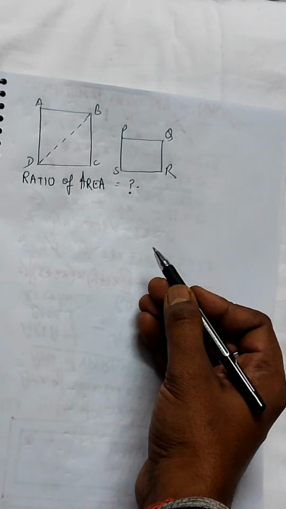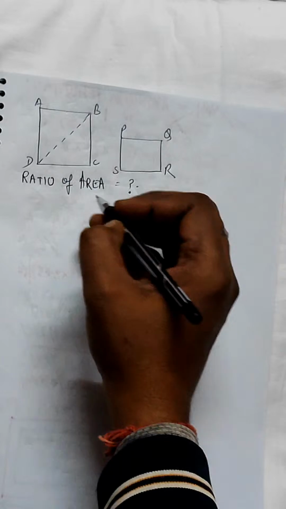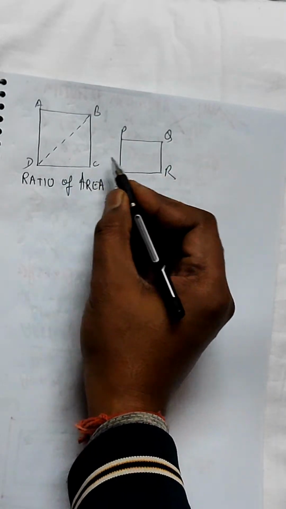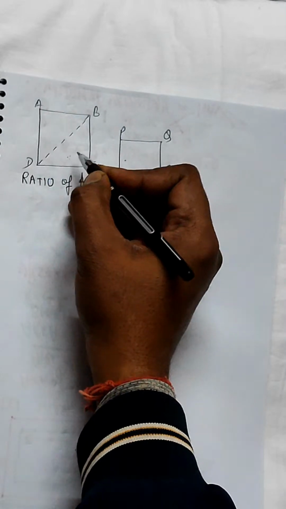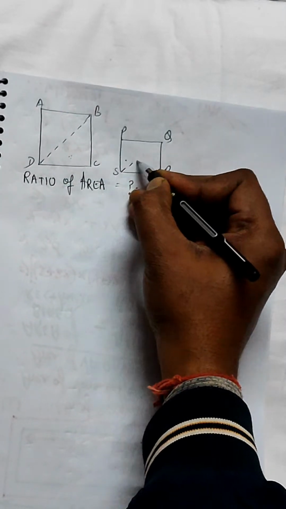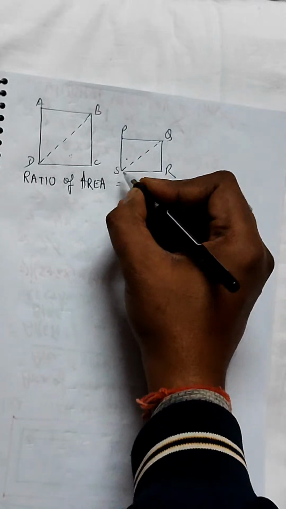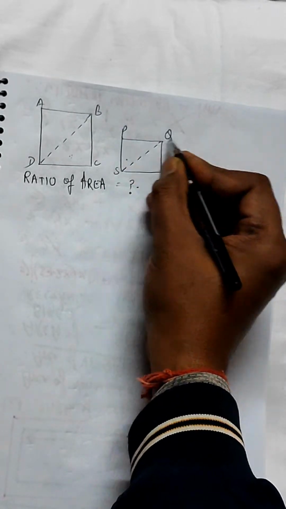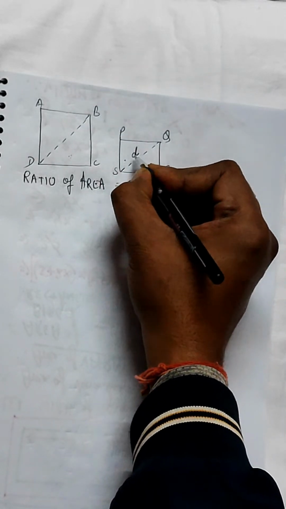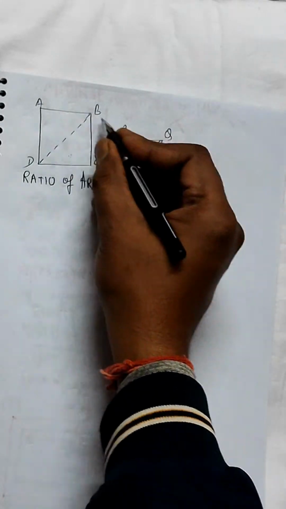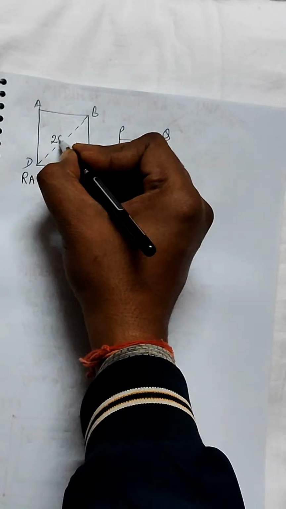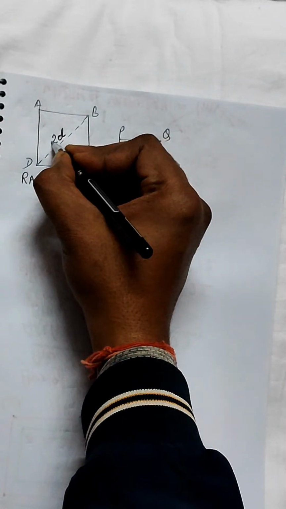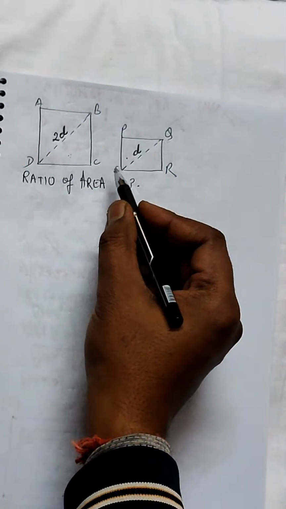We need to find the ratio of the area of these two squares if the diagonal of the first square is twice the diagonal of the second. So let's say PQRS has a diagonal of length D and ABCD has a diagonal of 2D, double that of the first, right? This is the given criterion of the question.